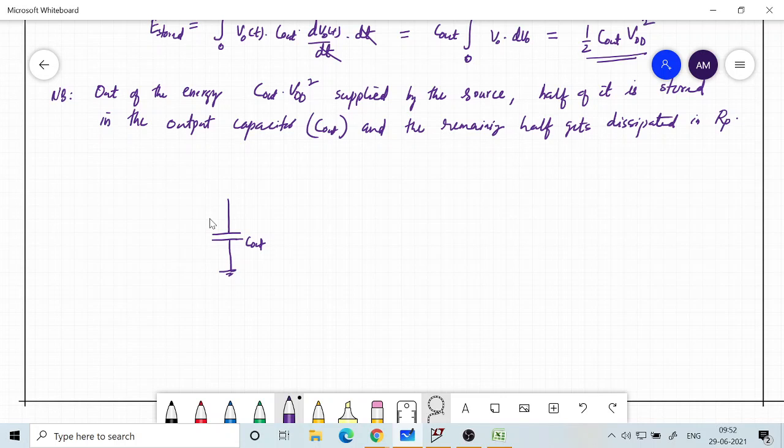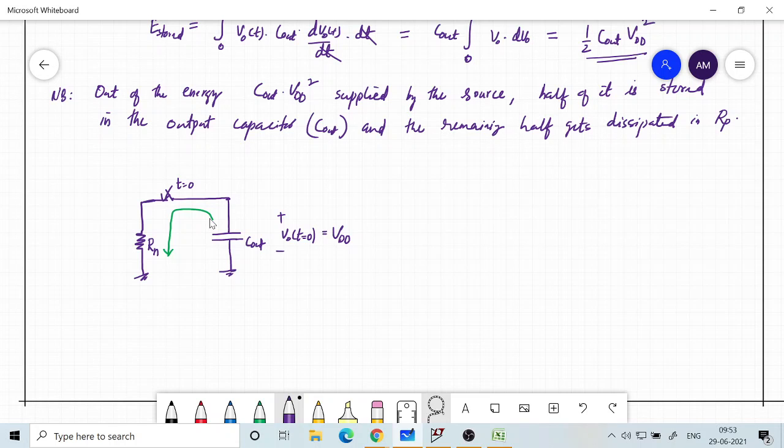We start with V out at t equal to 0 being VDD. We will take this initial condition, and then it gets discharged through this, which is our Rn. So the switch will get closed at t equal to 0, that is, the NMOS is turned on and the capacitor begins to discharge.